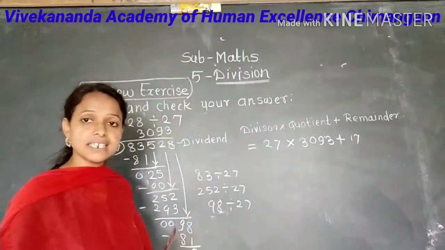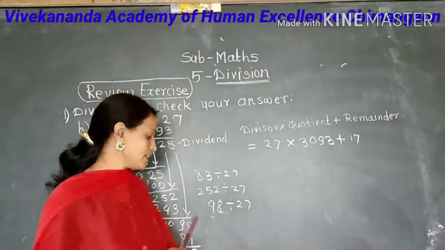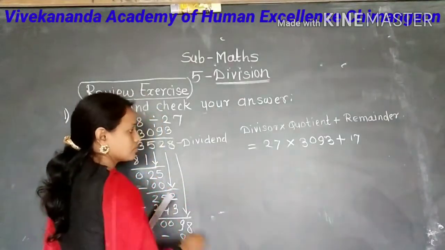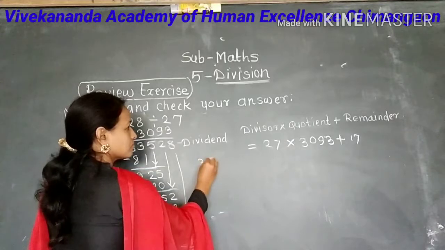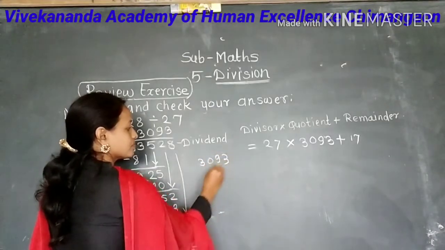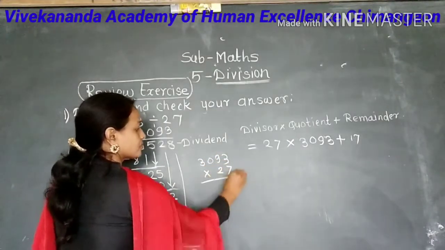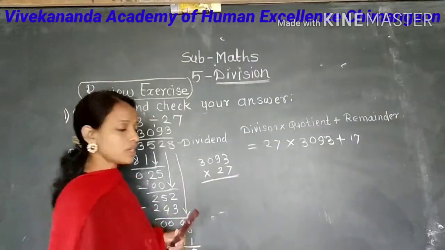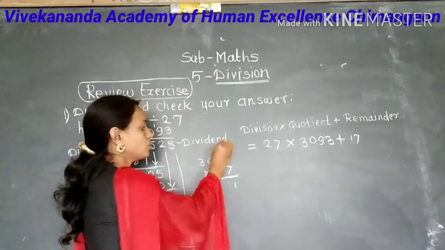Now we will multiply 3093 by 27. First we multiply by 7. 7 3s are 21. 1 carry over 2.